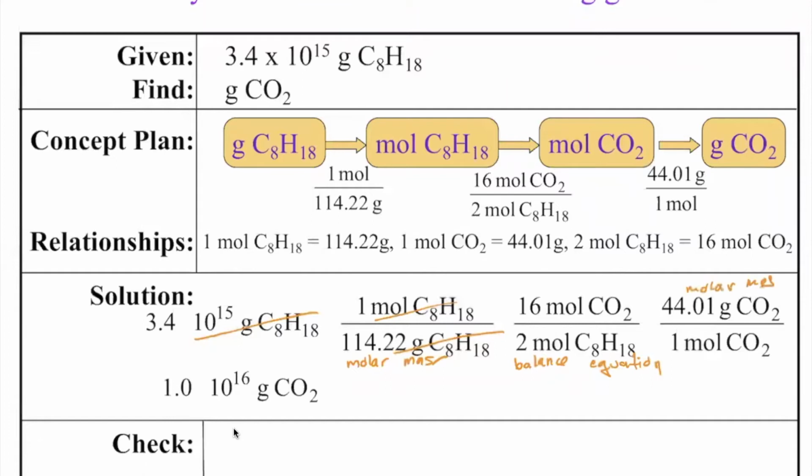So 3.4 times 10 to the 15 times 16 times 44 divided by 2 times 100. I usually calculate this number first and then multiply the top and calculate it by whatever that number was. So the answer is 1.0 times 10 to the 16 grams of carbon dioxide.